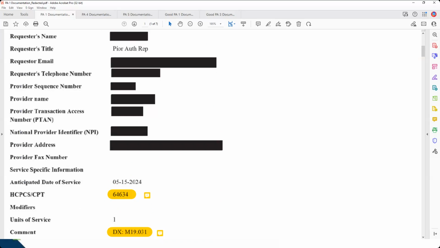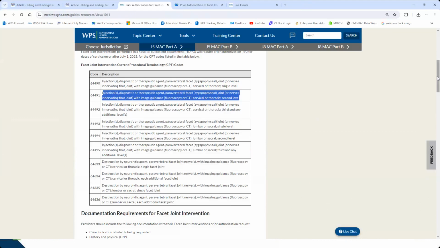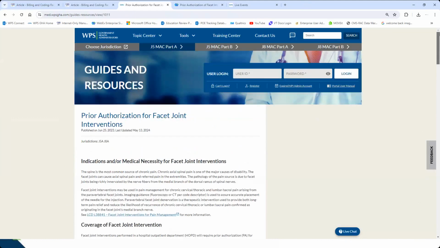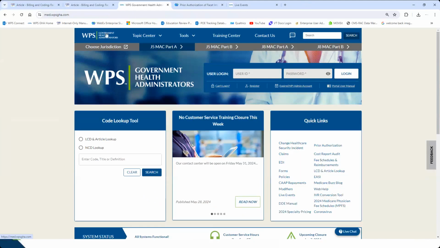Not a critical access hospital, not an independent surgical facility. They have to be on a 13X type of bill, and they have to be performed, again, in a PPS hospital. And I am just going to go to WPS's website really quick, and I'll go back to the homepage to kind of show you how I got here.